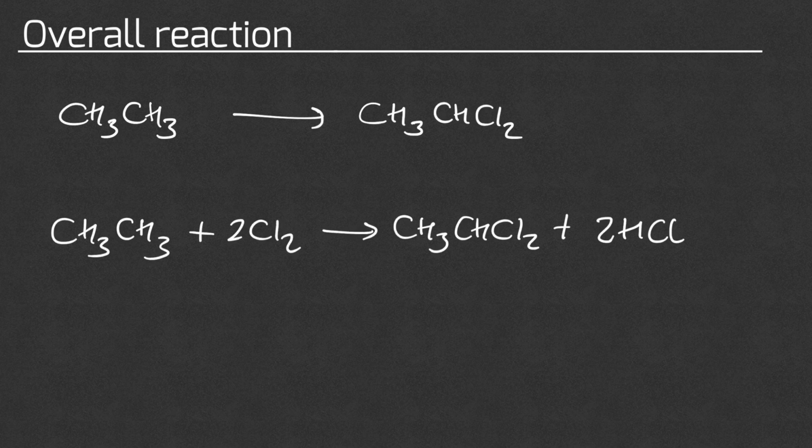So this would be our overall process. We've substituted 2 hydrogens for 2 chlorines, so we must need 2 molecules of chlorine, because for each molecule of chlorine we add one of them, or we substitute one of them onto our alkane, and we produce 1 molecule of HCl. So to add 2 atoms of chlorine onto our target molecule, we've got to use 2 molecules of chlorine here and producing 2 molecules of hydrochloric acid as well.